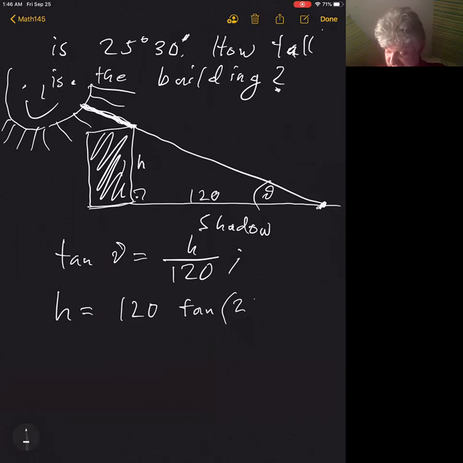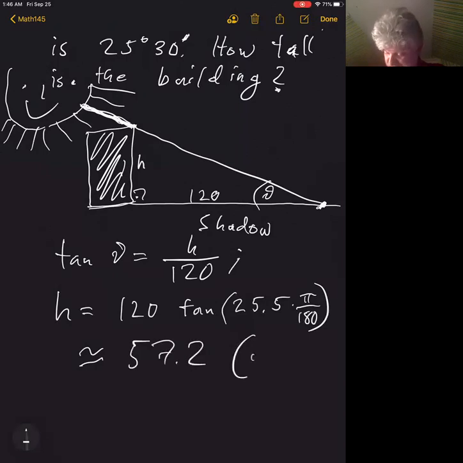So we should enter 25.5 degrees, and then convert it to radians. And that comes out to roughly 57.2, and we're talking feet.